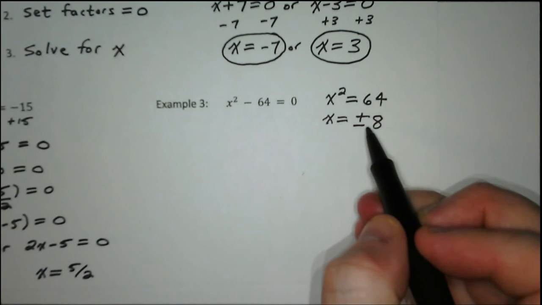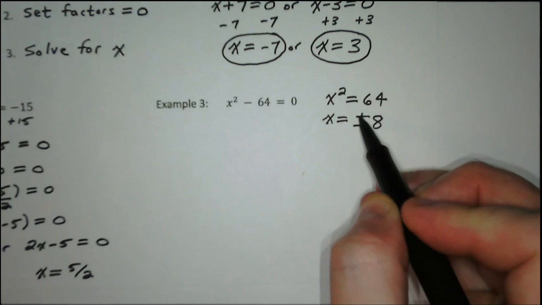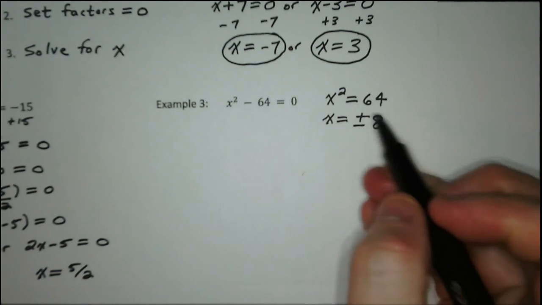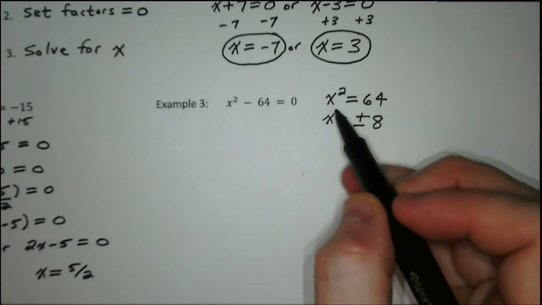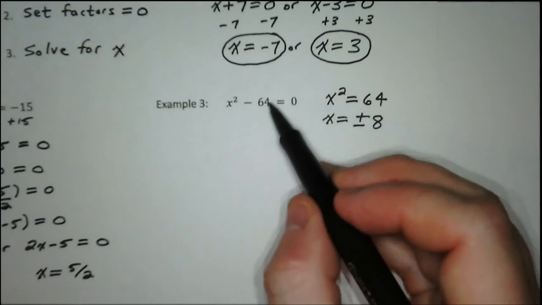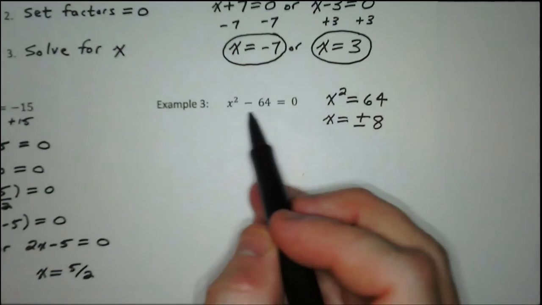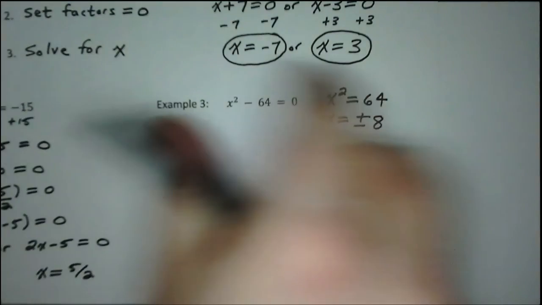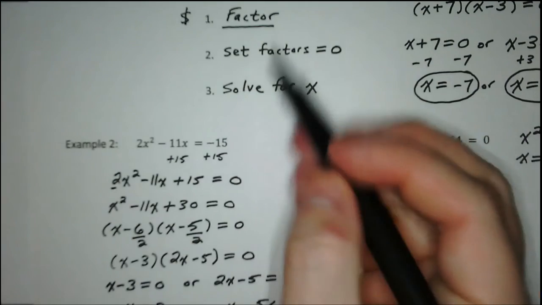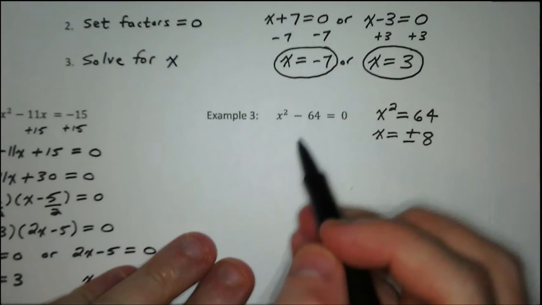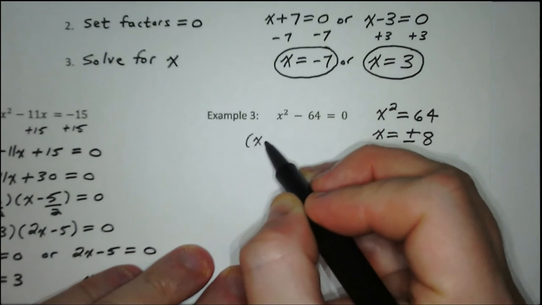That's shorthand, okay, people? Don't freak out, all right? Plus or minus 8. That's 2 answers in 1. But you get it? You actually sort of can get x by itself here. Or, hey, but guess what? You could also factor that, just like the general strategy says. X squared minus 64 does factor.